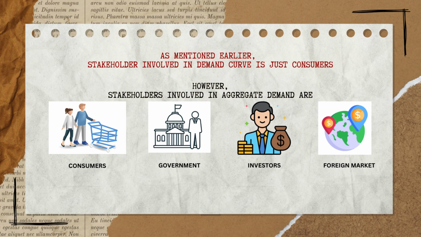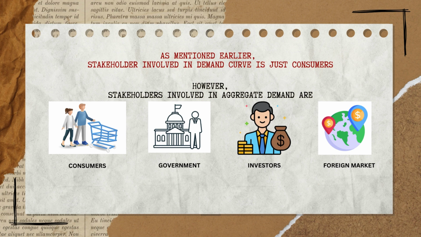They are consumers like you and I, government, investors, people who want to invest in the country, who could be foreign investors, FDI and all that, or local investors. Lastly, the foreign market: people who are buying your exports, and people who you are buying from. Let's say for Singapore, you are exporting technological products like Razer phones to other countries, and Singapore imports batteries and stuffed toys from China. So the foreign market also plays a crucial role in aggregate demand.